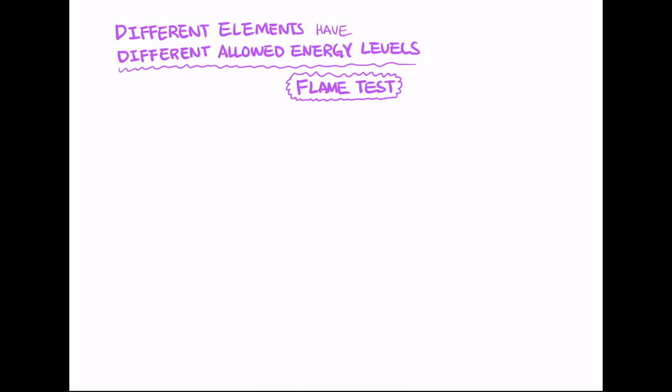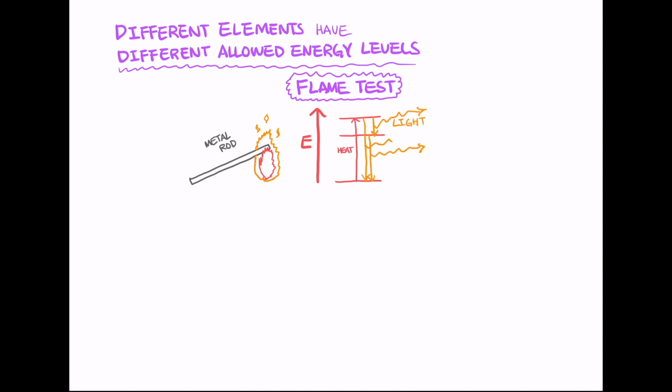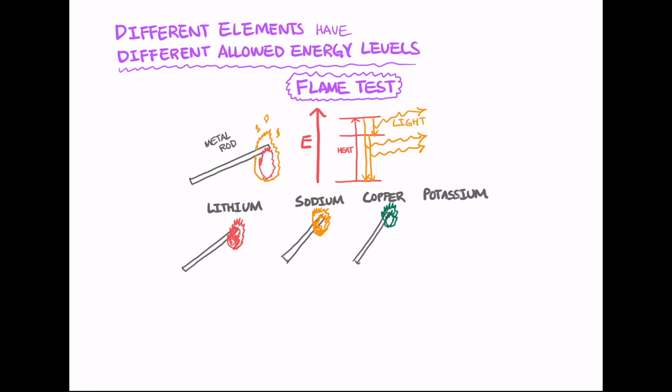When you put a metallic element in a flame, the heat will excite the electrons. When the electrons relax, they will release light of the same energy, and the cycle of excitation and relaxation continues. Lithium is red, sodium is orange, copper is green, and potassium is pink. This is actually how we determine the colors of fireworks.